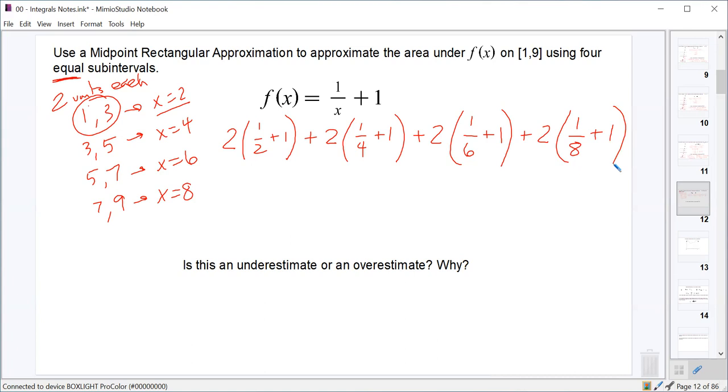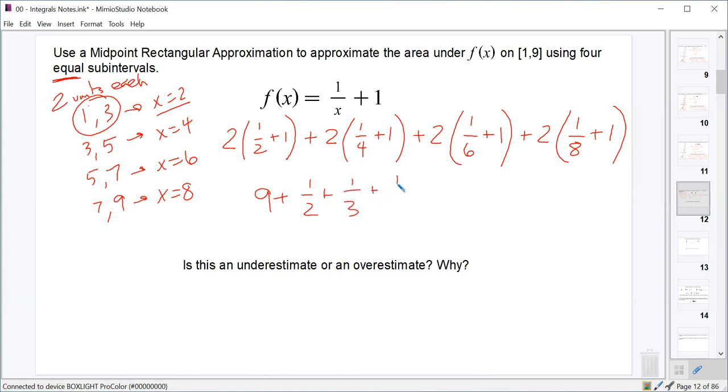And so it looks to me like if I were to distribute that 2 through each of these, this gives me a 1 plus a 2, which is 3. And then this 2 to this one, and this 2 to this one, and this 2 to this one is another 2, 4, 6. So it looks like I've got 9 there. Plus 2 times a fourth is a half. And then 2 times a sixth is a third.